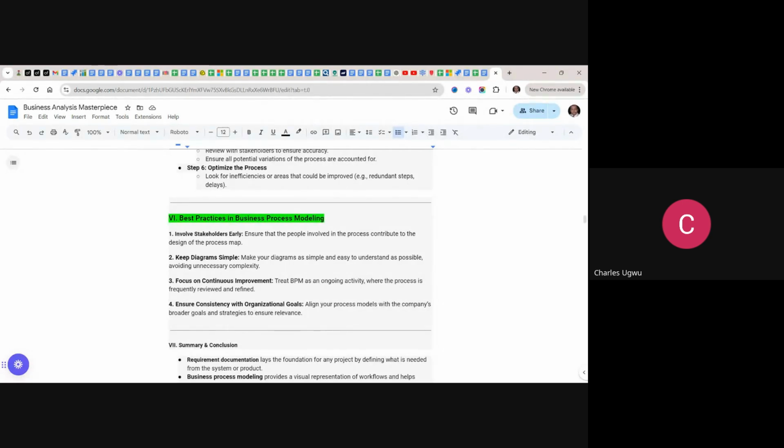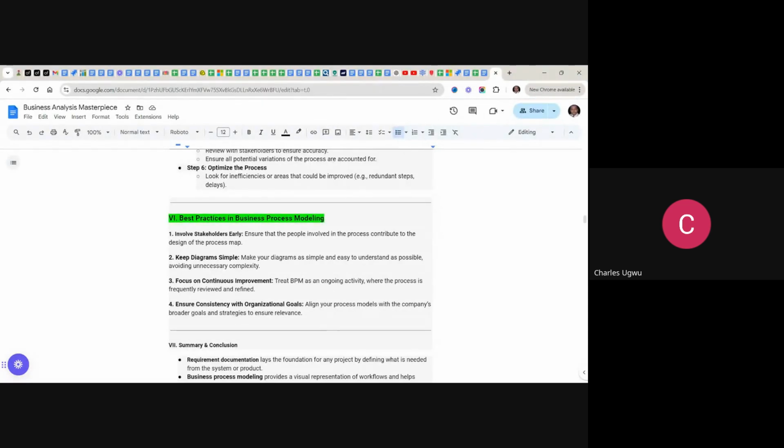And all of us here, we know that the key players within lead management will have marketers play roles. We have sales managers, they play roles as well. We have sales reps, they play important roles. So you have to capture such stakeholders.